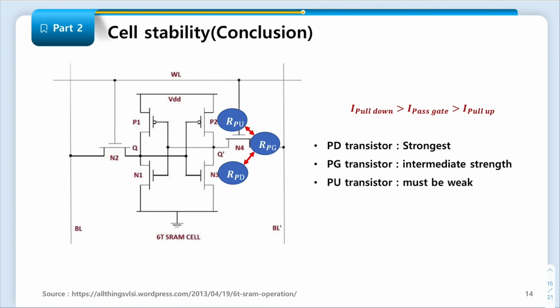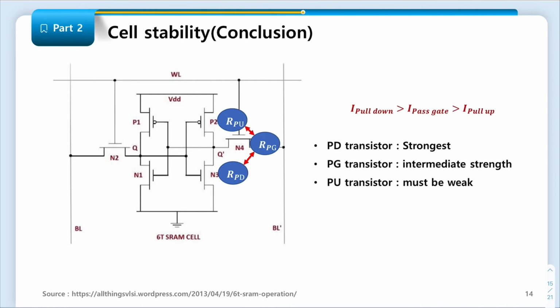And also the resistance of the cascade transistor must be far, far smaller than the pull-up transistor so that we can make a smaller gamma ratio. And let's note again that we didn't have to make much effort to get a smaller gamma ratio, because this characteristic is naturally formed from the different mobility between electron and hole.